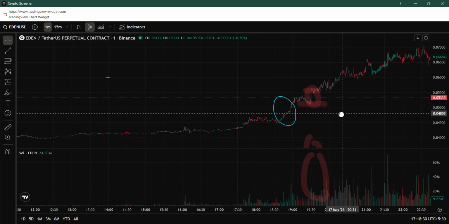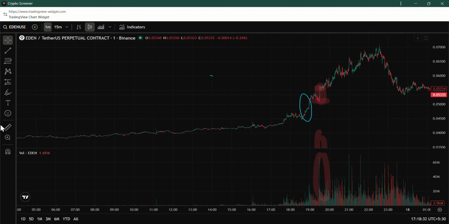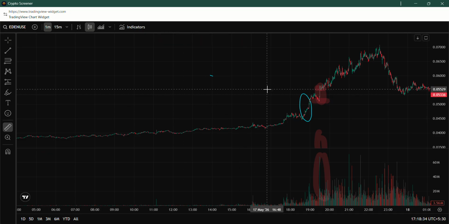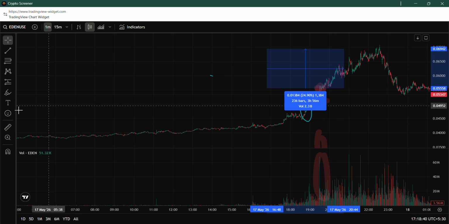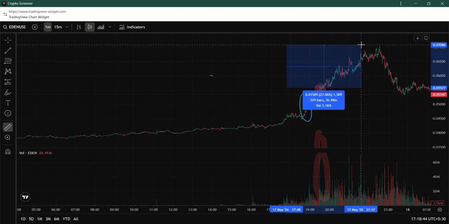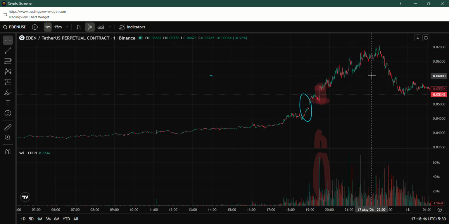You can also search this currency on apps like CoinDesk or many other apps. From there it moved up to 27%. What a great percentage movement.